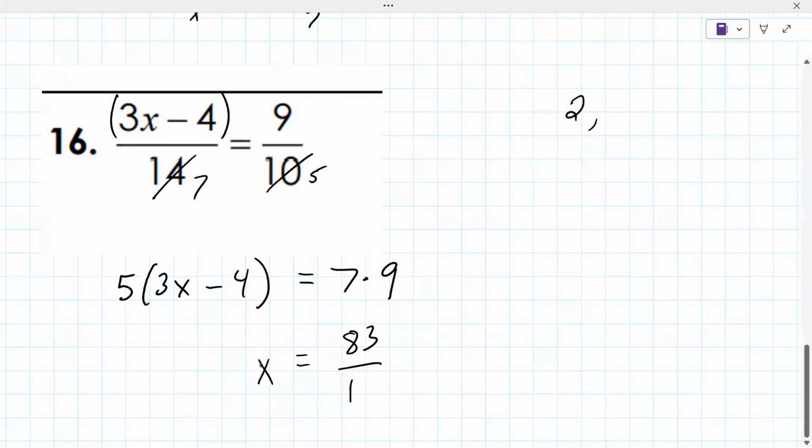That's correct. That is correct. Another one that really didn't work out very nicely.